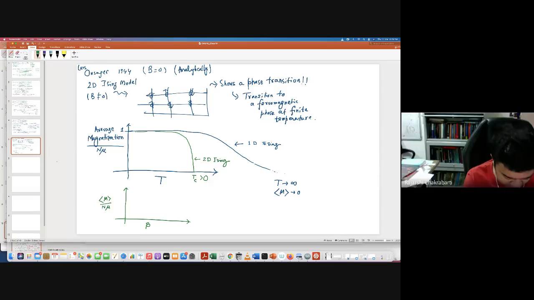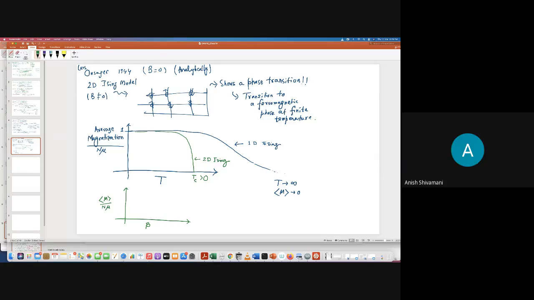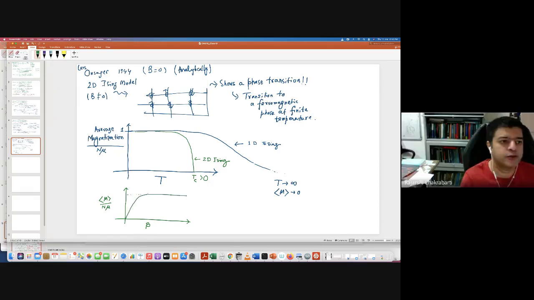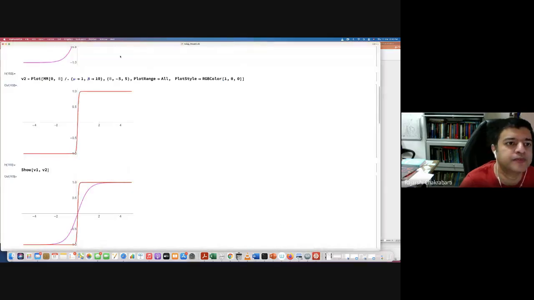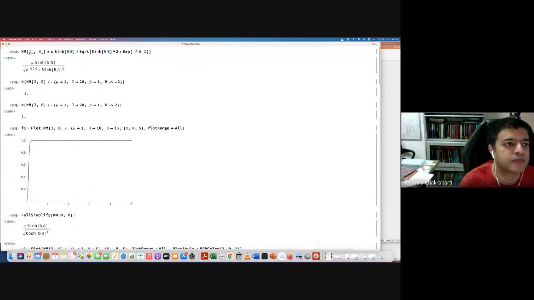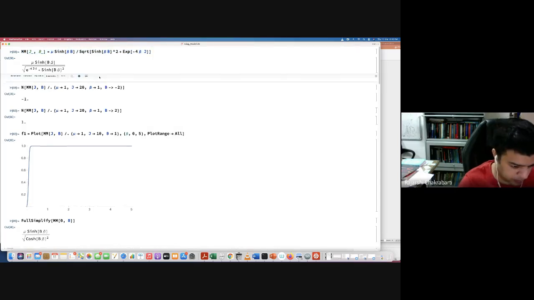It is like this, 0 to beta. So now let us go and plot it as a function of 1 over beta.